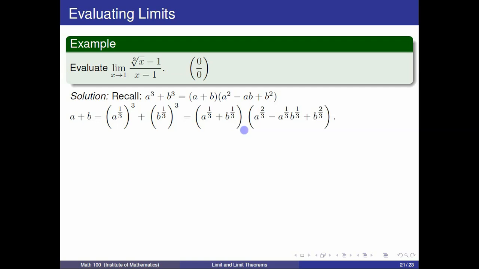Equivalently, kapag naka-radicals tayo, what we have is a plus b equals cube root of a plus cube root of b times, ito ay cube root of a squared minus cube root of ab plus cube root of b squared. Okay? So, ito yung factorization ni a plus b. Gagamitin natin to para ito ay mas-simplify.